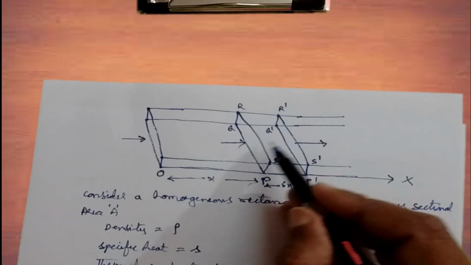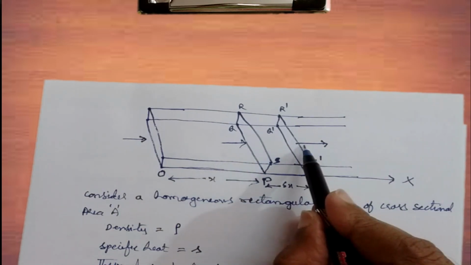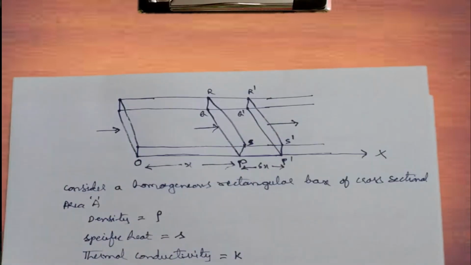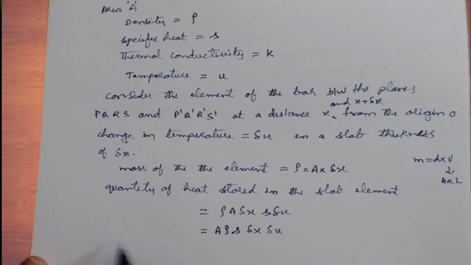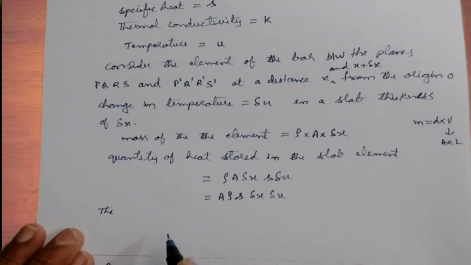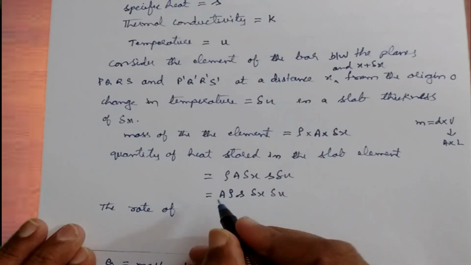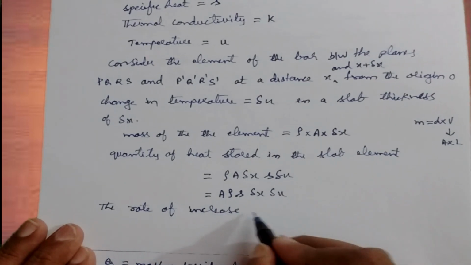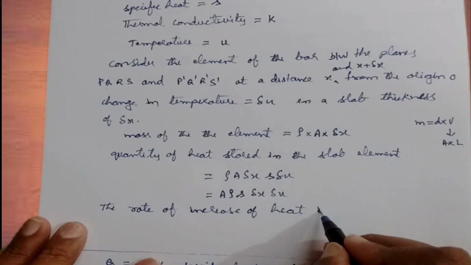As you know, as the heat flows, there will always be a change. The heat flowing inside will be different from the heat flowing outside this region. So what will be the rate of increase of heat in this rectangular slab, in the slab element?